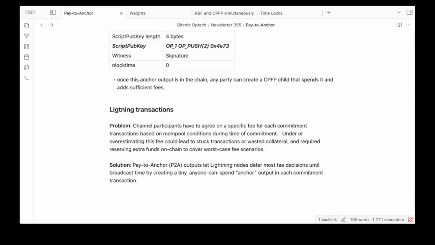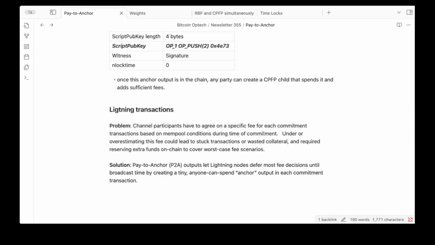Now, pay to anchor is a solution that does not force you to choose a fee rate while creating the commitment transaction. This is where pay to anchors contribute towards efficient lightning channel management.